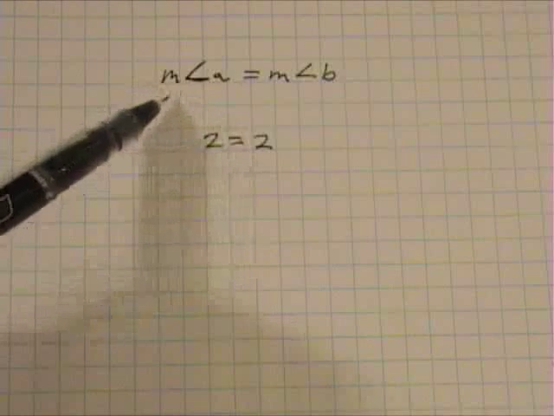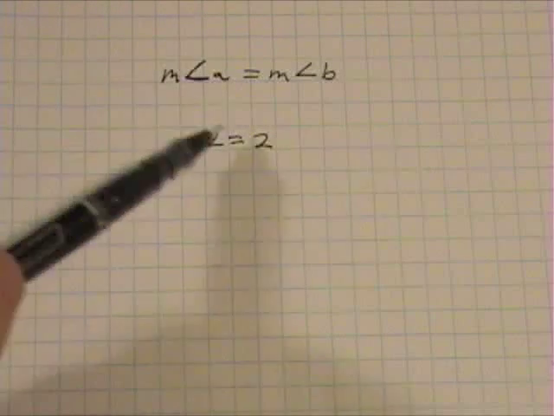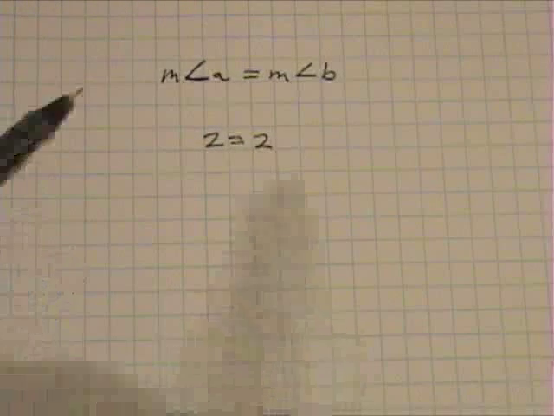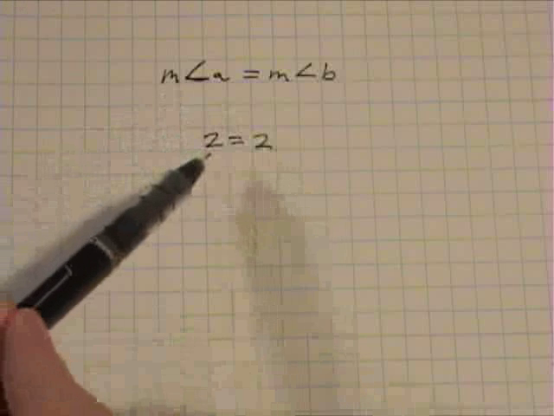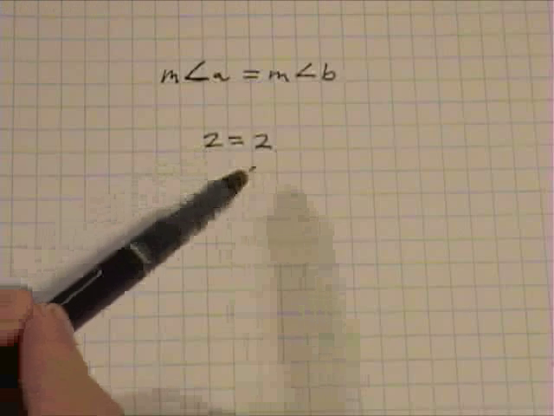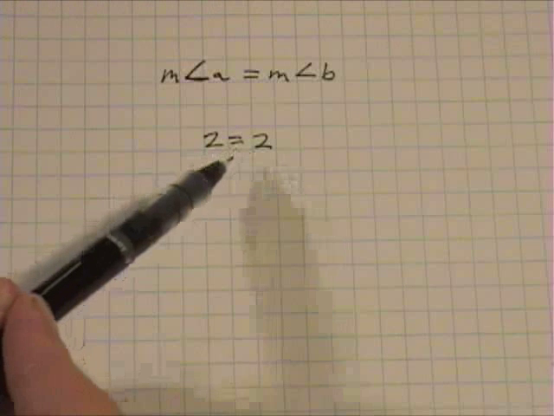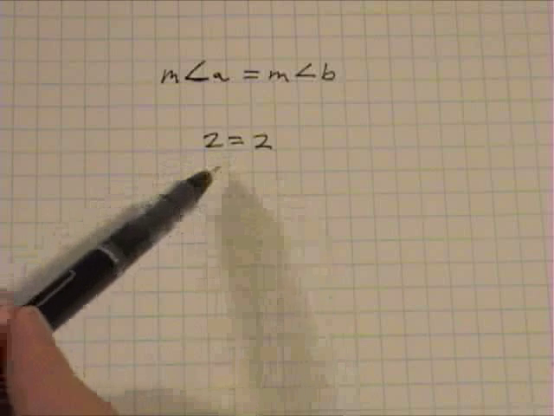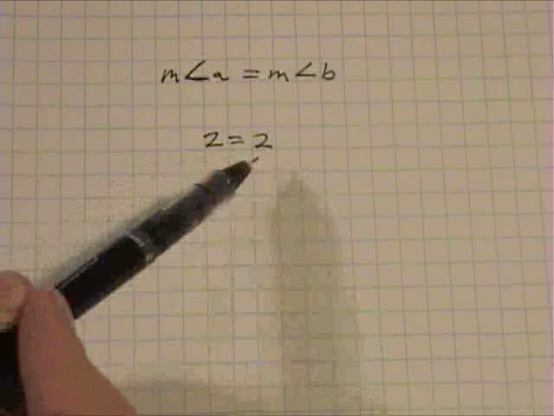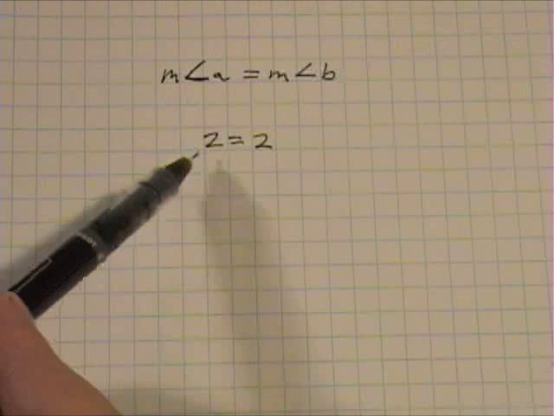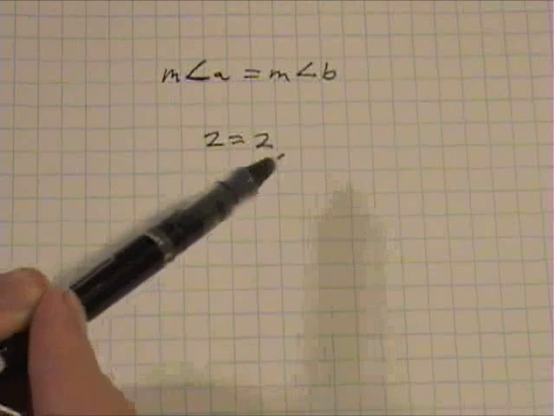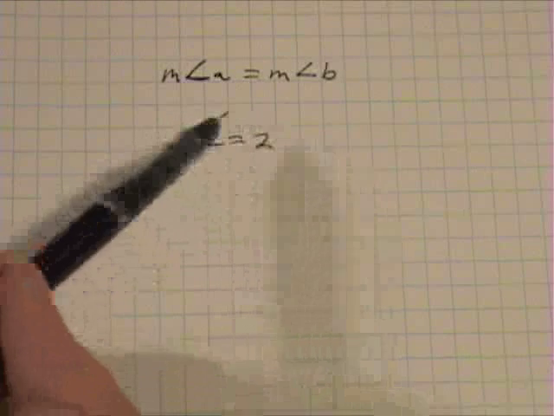So when we equate the measures of these two angles, we're pretty much doing the same as if we say 2 equals 2. Well, if we subtract 2 from each side, they'd still be equal to each other. So whatever you do to one side and you do to the other side, it will still be a true statement.